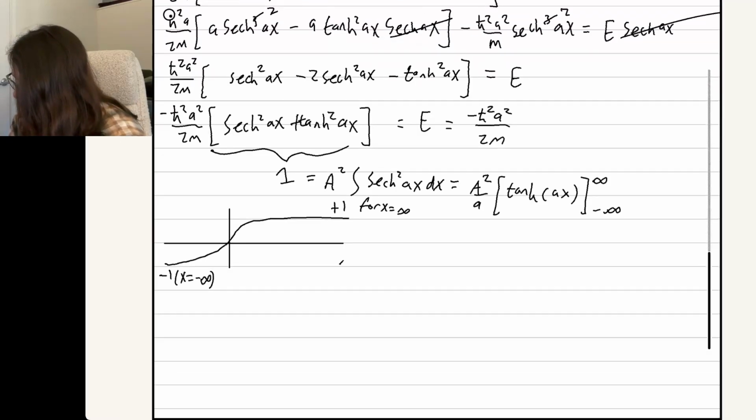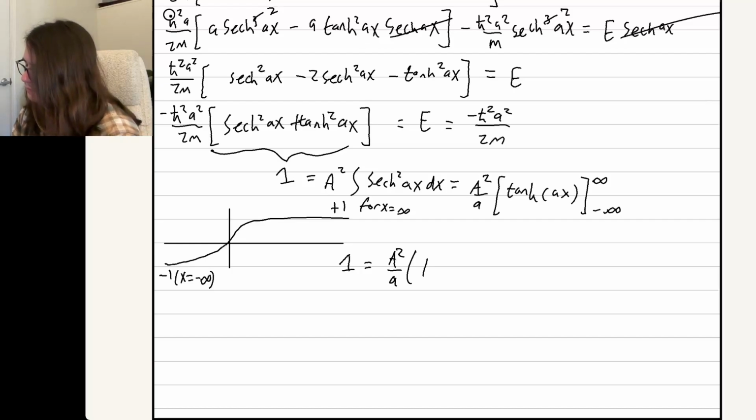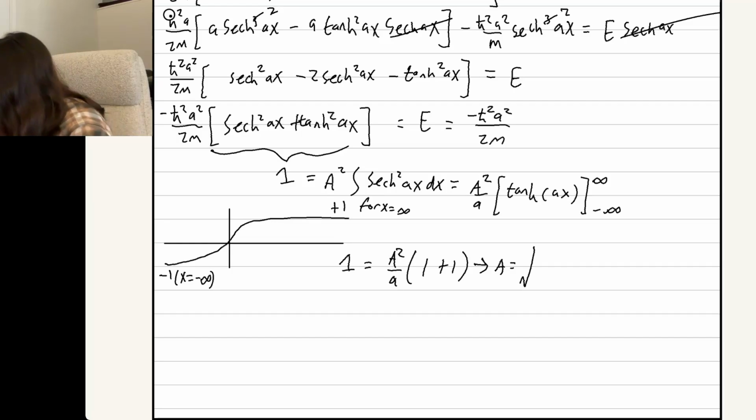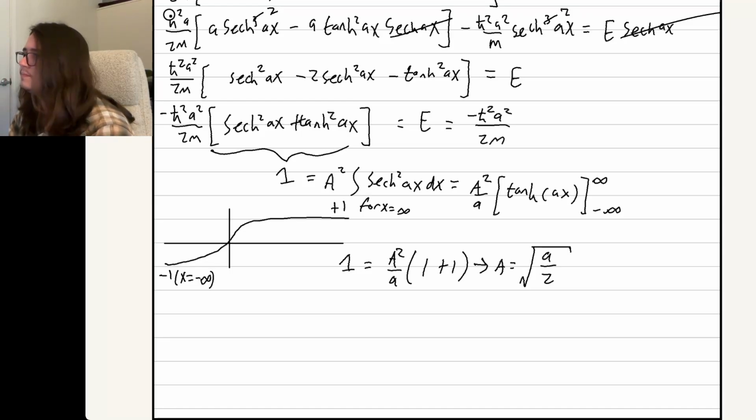So we're just going to have that it's A squared over a times 1 minus negative 1, so plus another 1. That's 2. So we find that A is just 2 over a. No, it's a over 2. Haha. But yeah, A is the square root of a over 2. That's chill.